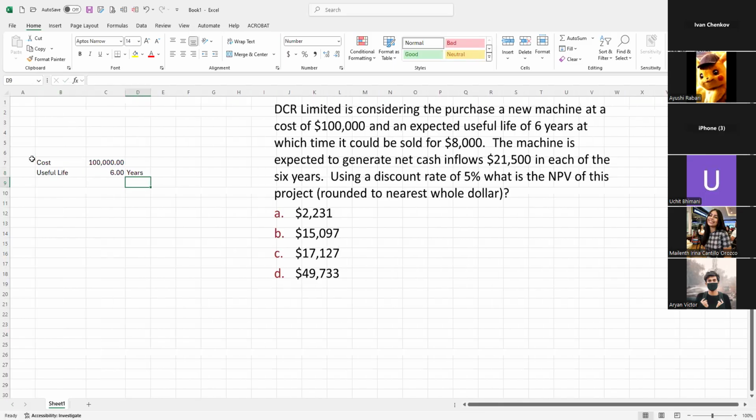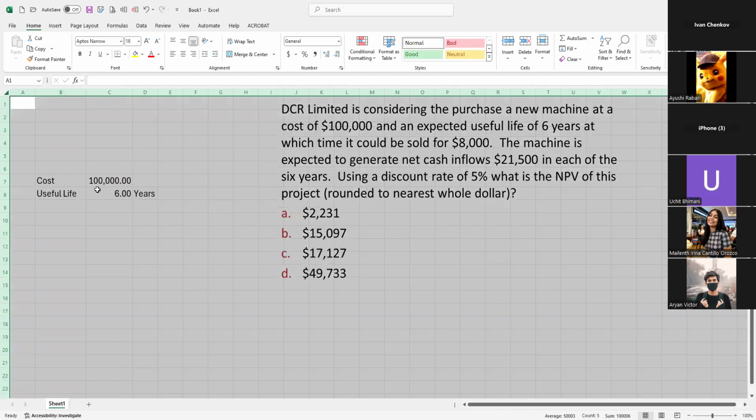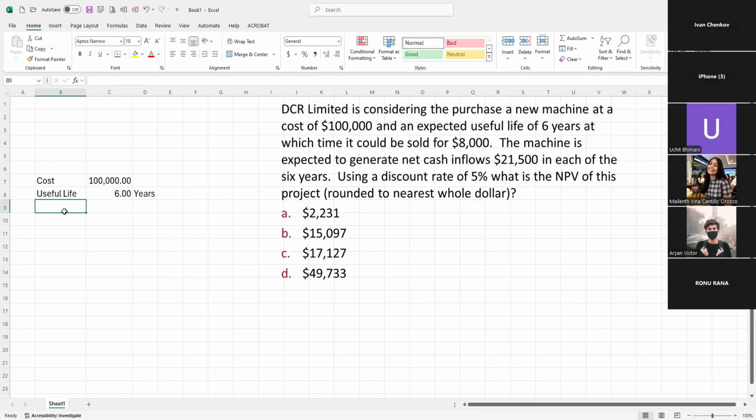What else do I have? We have the discount rate of 5%, but before that we have this $8,000, which is the salvage value of $8,000.